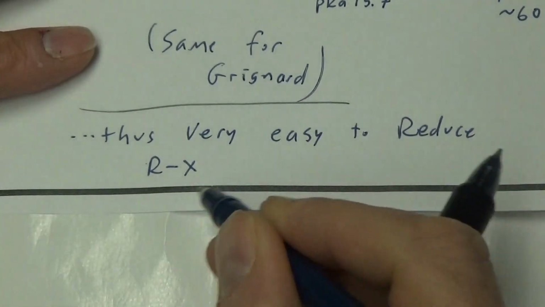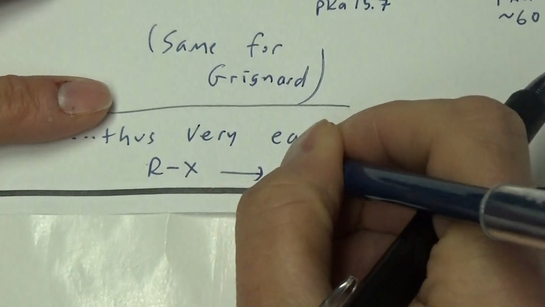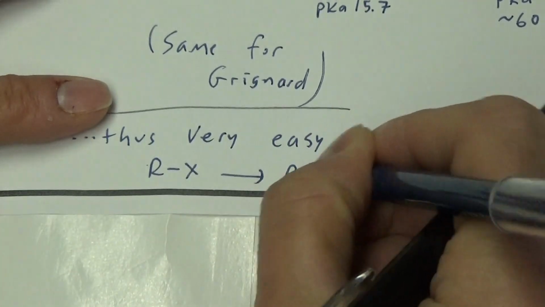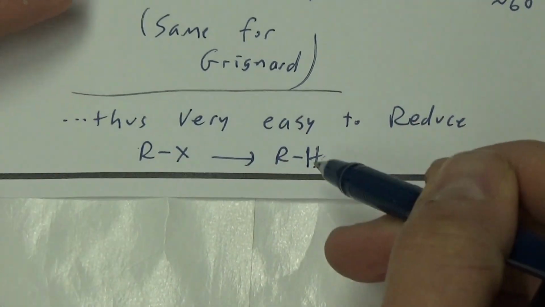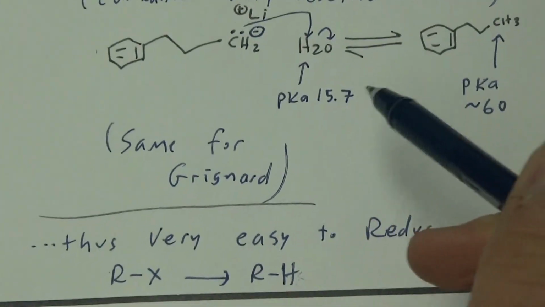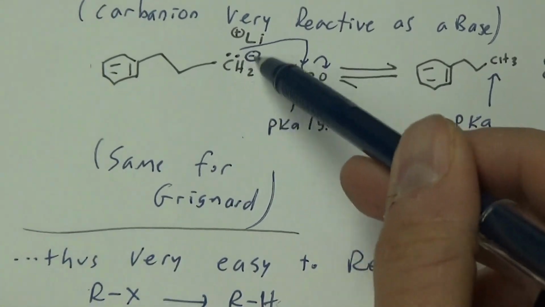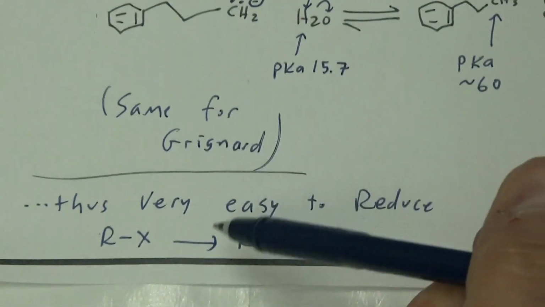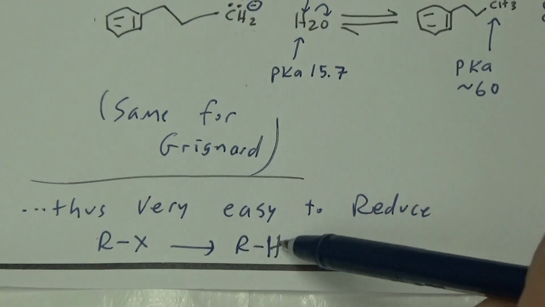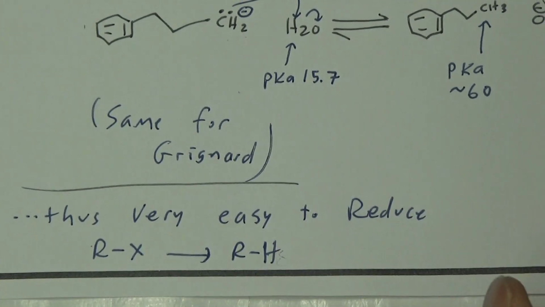If I want to reduce a molecule like RX to RH, just remove the halogen, it's very easy to do that with a Grignard. All you have to do is make the organolithium or the Grignard, and then you just throw in some water and it's gone. So I'll show that on the next slide.